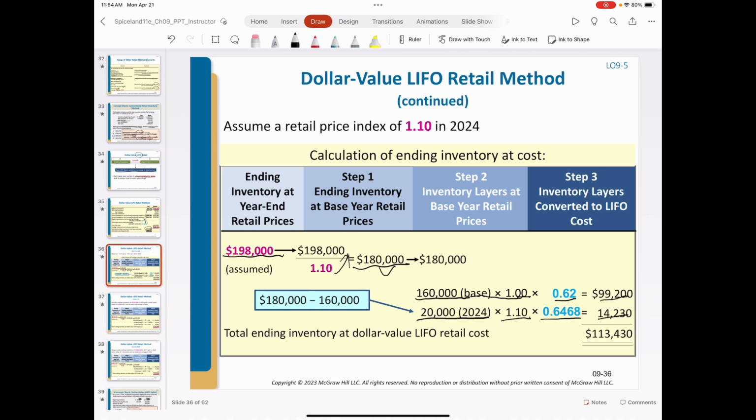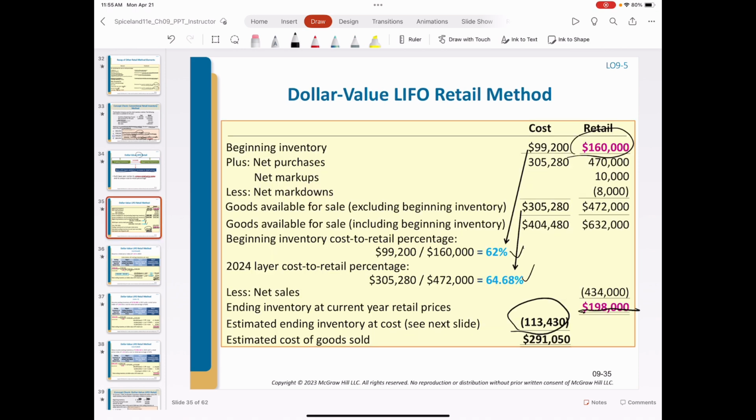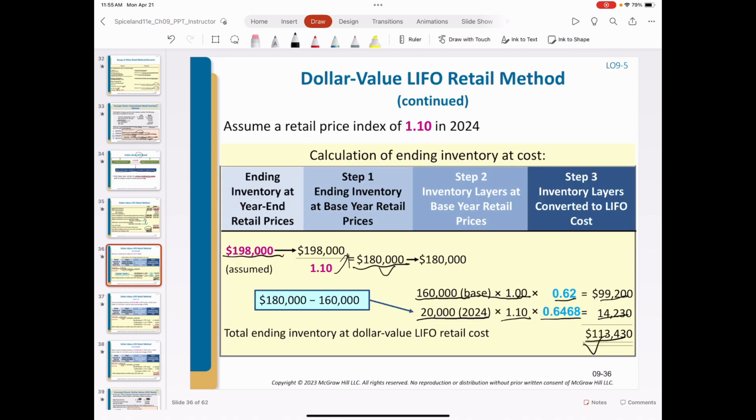Then we have cost of each layer of inventory. So that's how we get 113 for 130. In addition to the LIFO retail methods, we actually apply the price index when we determine cost of inventory.